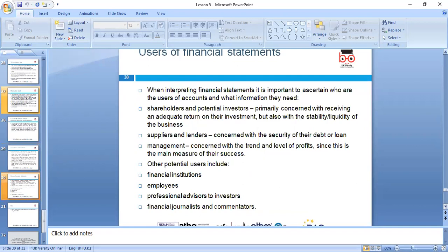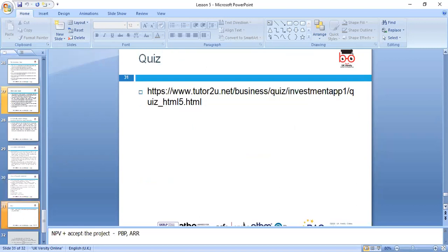Users of financial statements include shareholders and potential investors, concerned about receiving an adequate return; suppliers, who want to make sure they are secure; and management, who want to earn more profit and make the business succeed. Financial institutions want to make sure their debt is secure. Employees want their salary, and professional advisors, investors and journalists all need information.